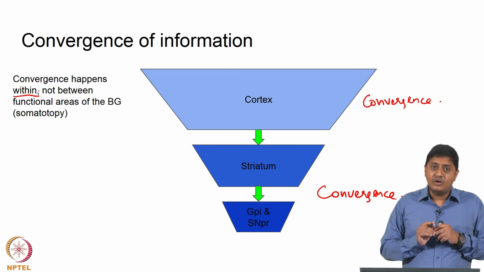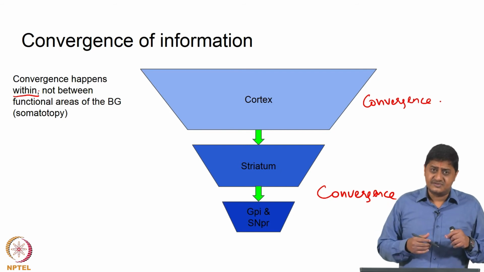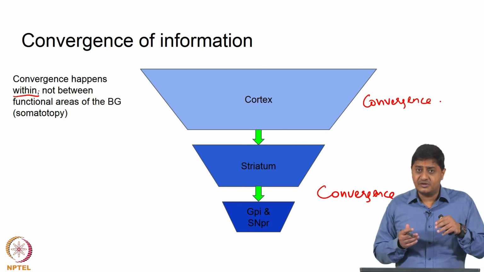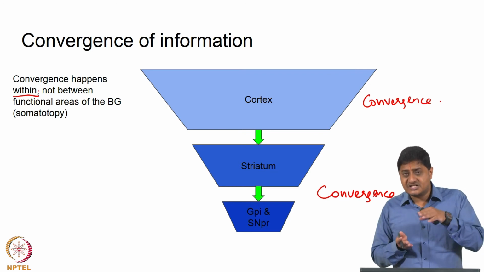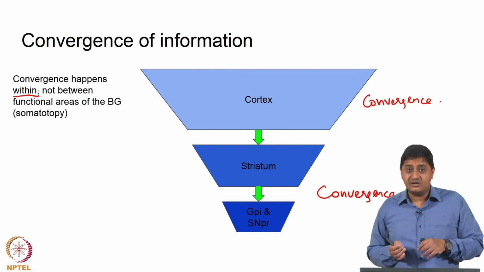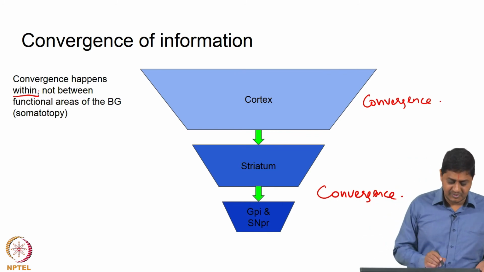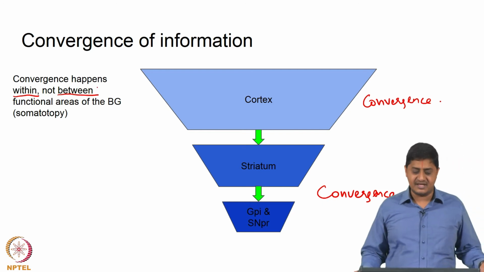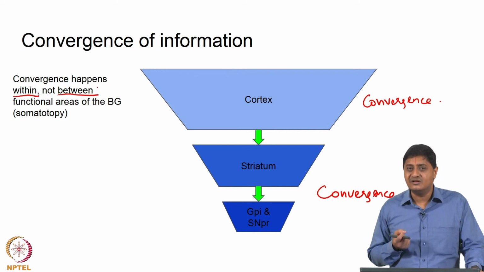Now, if you take similarly a different area, say the cingulate motor area, a large number of cingulate motor area neurons project to a smaller number of striatal neurons, and a relatively large number of striatal neurons project to a smaller number of pallidal neurons. Segregation is maintained while at the same time convergence is happening. This is an important point to remember. Convergence happens within but not between functional areas of the basal ganglia, thus maintaining the segregation, maintaining the somatotopic integrity.